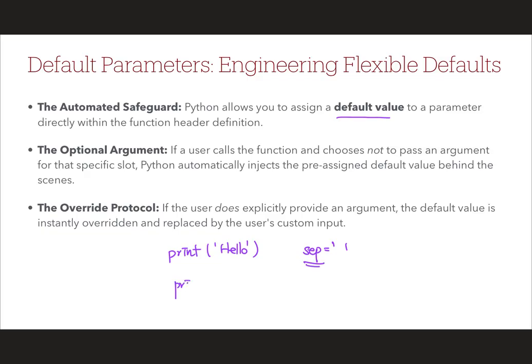But if I call print with hello, and if I provide the argument for the sep parameter, say star, then instead of a space between any two adjacent objects, you put a star, right? So this is one example where a default value is used for a certain parameter.